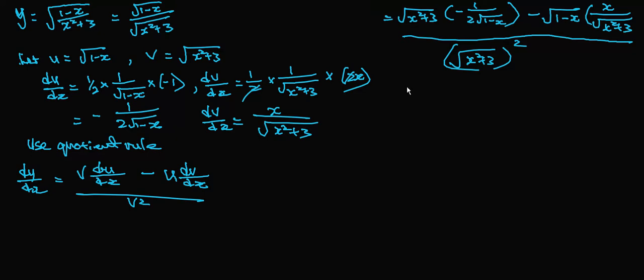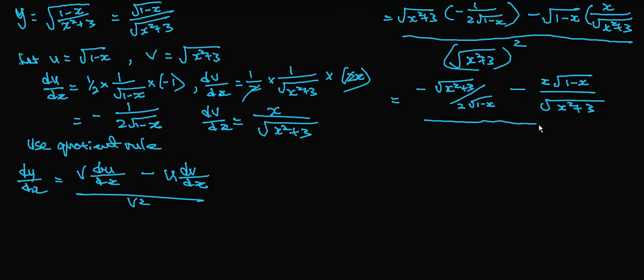Okay, now let's simplify the whole thing. Minus square root of x squared plus 3 over 2 square root of 1 minus x. Okay, minus this, x square root of 1 minus x over square root of x squared plus 3.